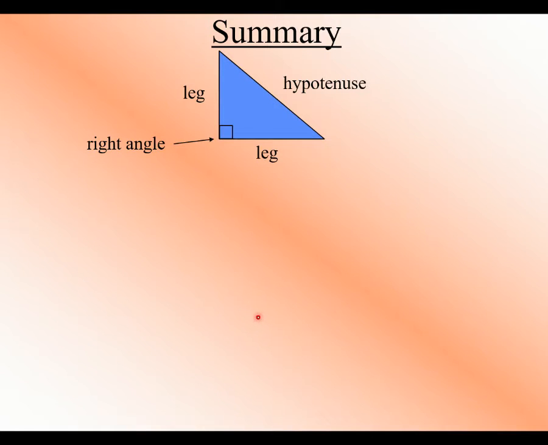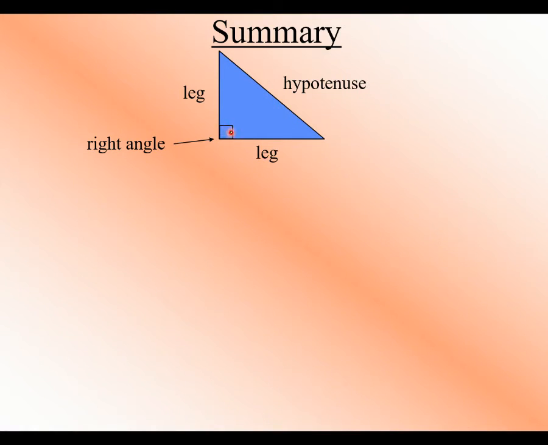Let's have a quick look at all those terms. The summary is: this is one leg, this you can call the base, or this is also a leg. The side opposite to 90 degrees is the hypotenuse.